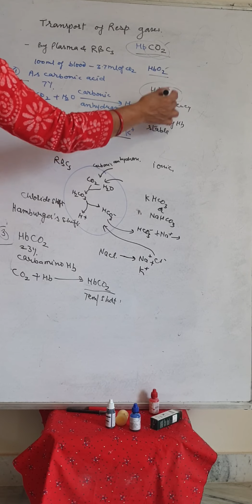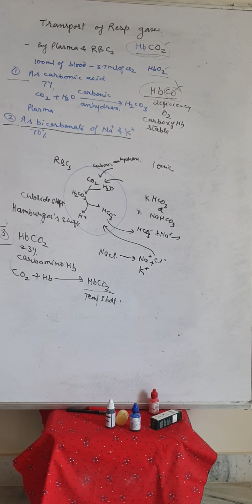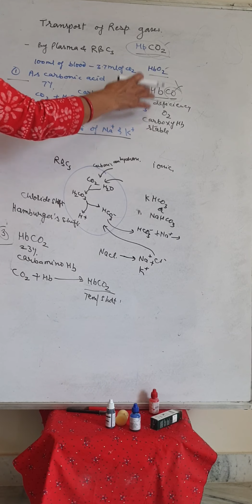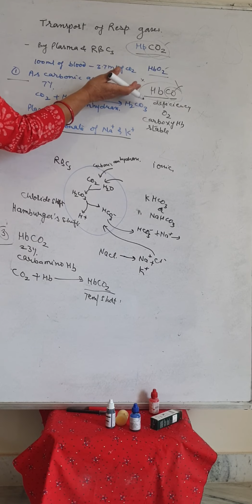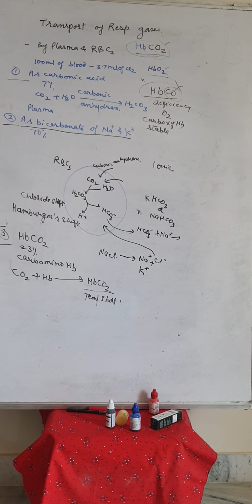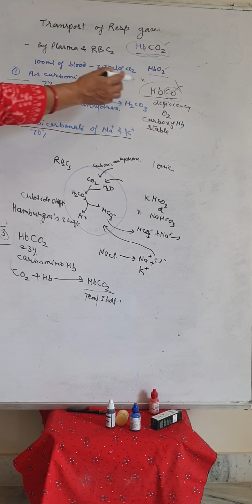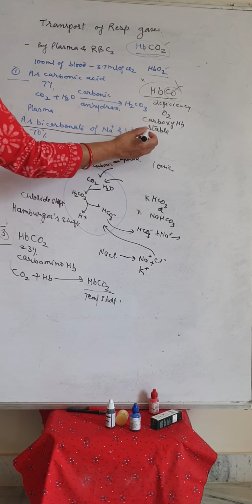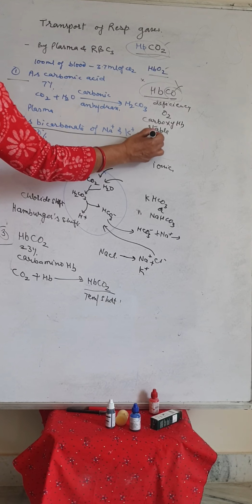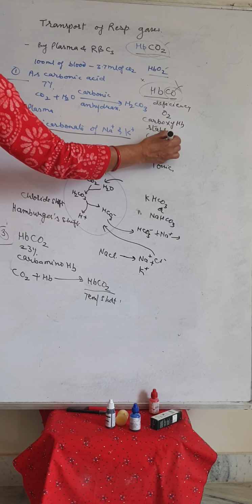But once this complex is formed, the carbon monoxide does not dissociate, and the hemoglobin is wasted because it is not able to combine with oxygen. This is called carbon monoxide poisoning.